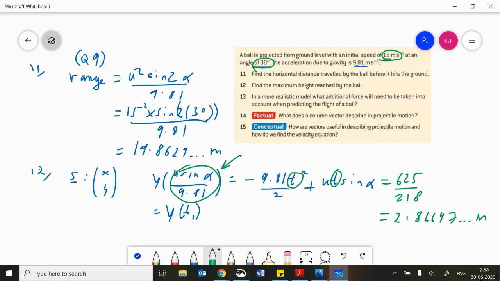Thank you for bearing with me and dealing with all of my ums and ahs through that one, because it's quite difficult to organize. Okay, so for 13, it says in a more realistic model, what additional force will need to be taken into account when predicting the flight of the ball. So perhaps air resistance will be taken into account there.